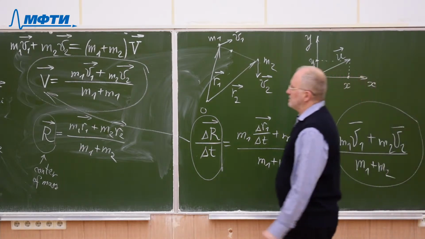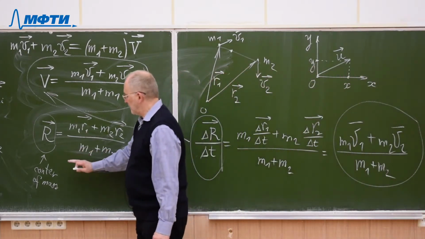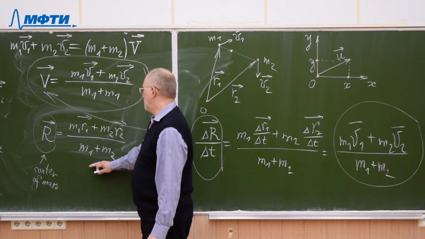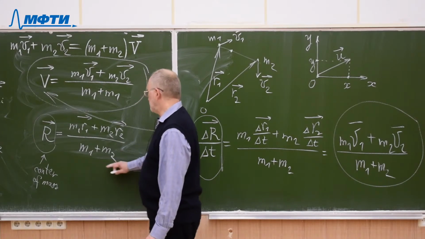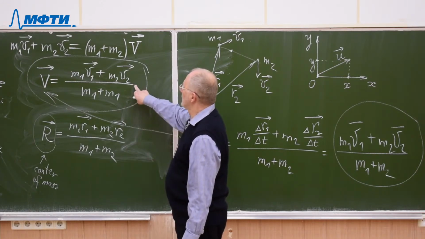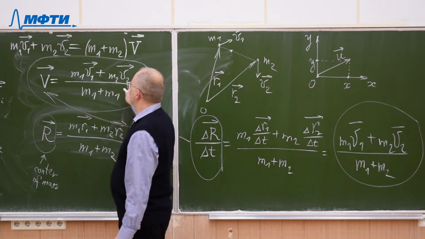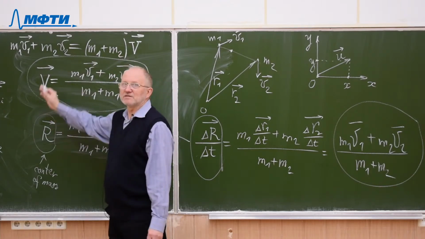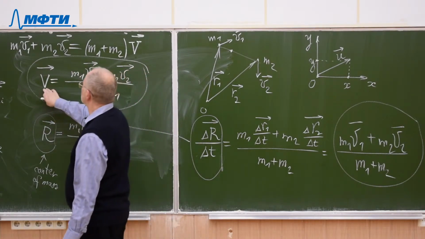So the reason behind this vector, behind the center of mass coordinates, is very simple. It's related to the velocity of the two particles as a system. This is the velocity of two particles as a system.